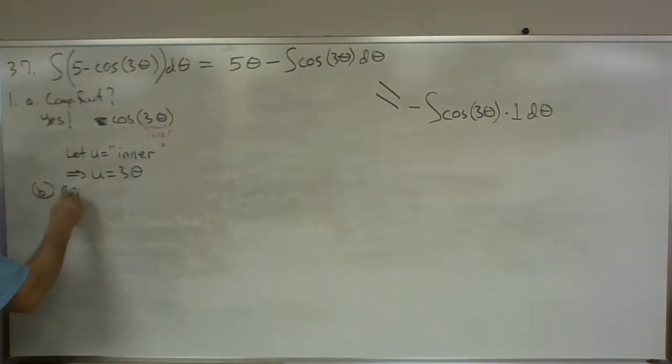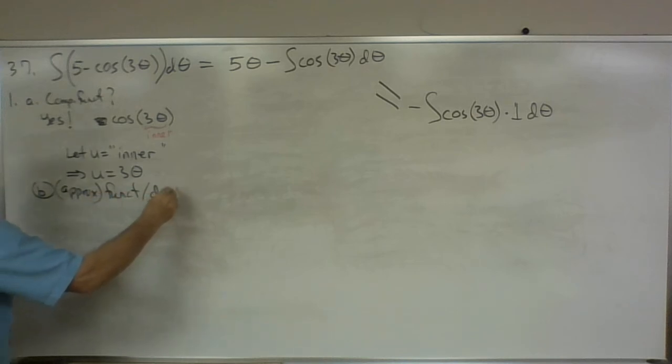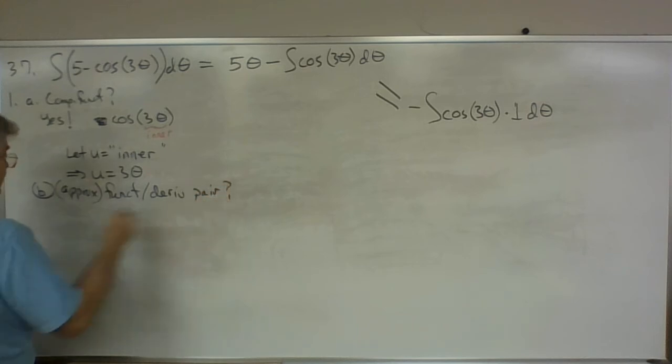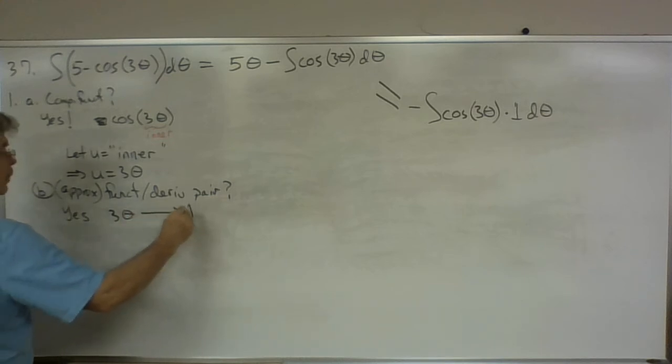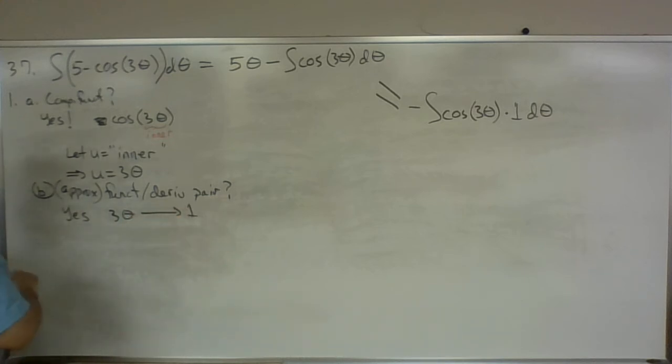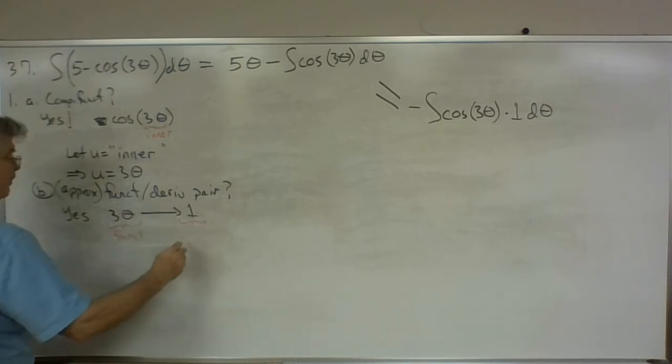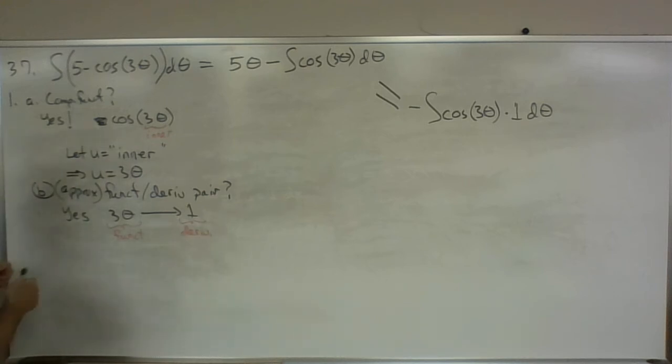So, approximate function derivative pair. Yes, 3 theta and 1. 3 theta is the function, and 1 is approximately the derivative of 3 theta. We're only off by a constant multiple or a constant factor. So our rule of thumb is to let U be the function of the function derivative pair.